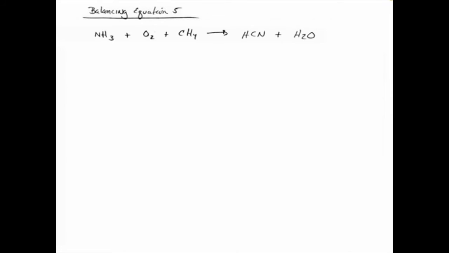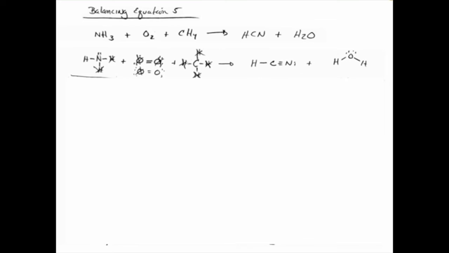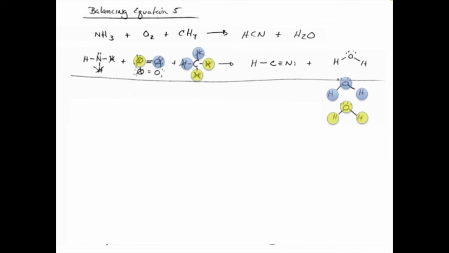However, there are times when you have to call on your knowledge of chemistry to find a unique strategy to balance an equation. To balance this equation, I drew out the Lewis structures for each of the compounds listed, and then using the components of the reactants, I tried to make as many water molecules as I possibly could. I could make 3 water molecules for every 1 molecule of hydrogen cyanide produced.